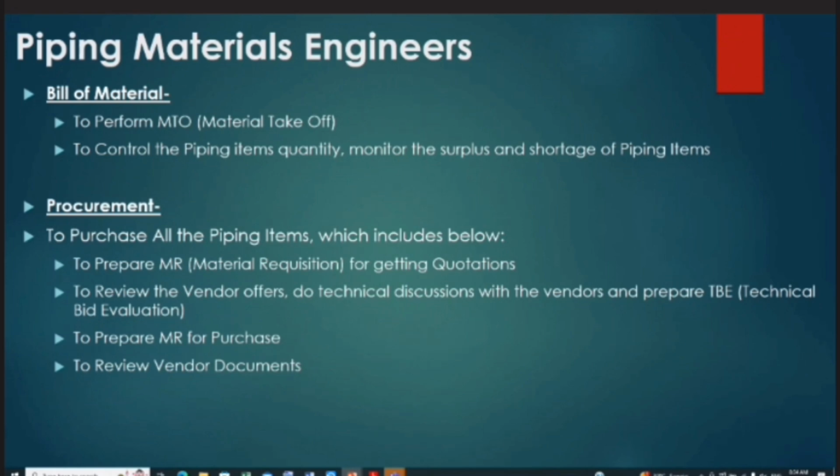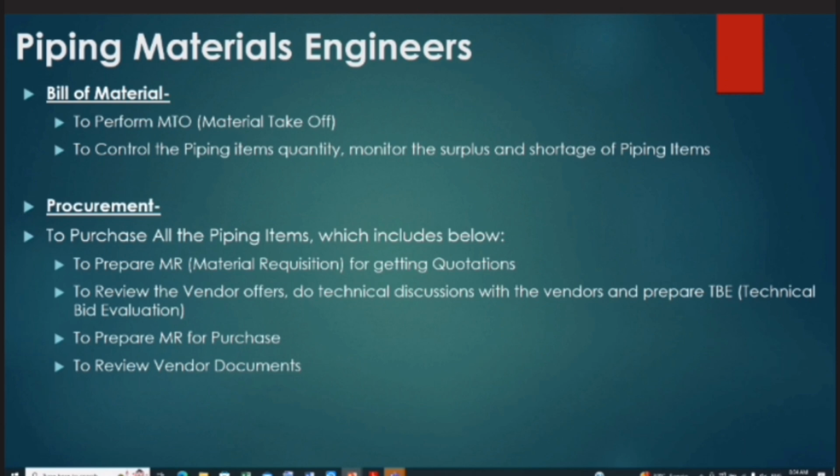Similarly, in piping, over a plant, if you see what are the different types of components, there are pipes, elbows, reducers, tees, then gaskets, bolts, different valves, and each vendor does not manufacture all these items. You have different vendors for different categories.